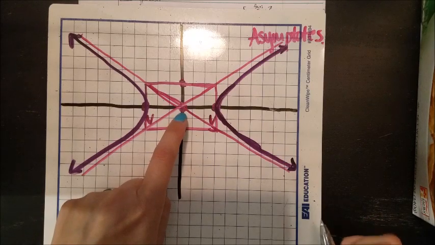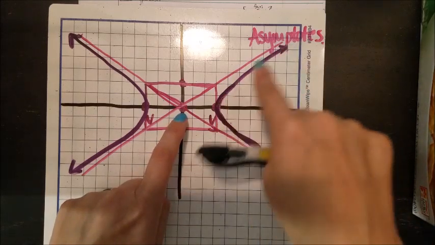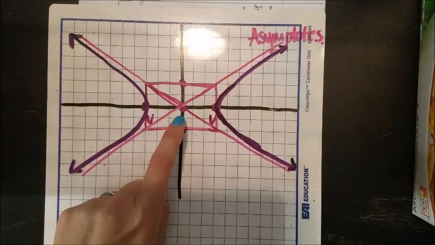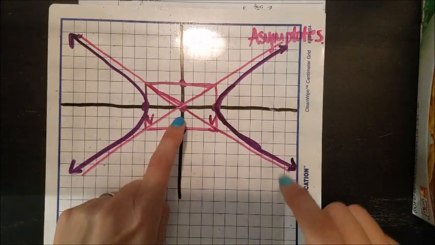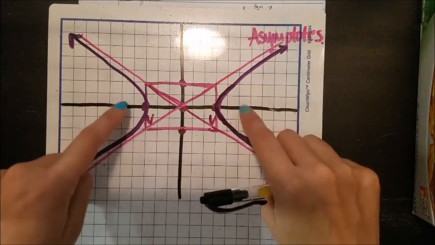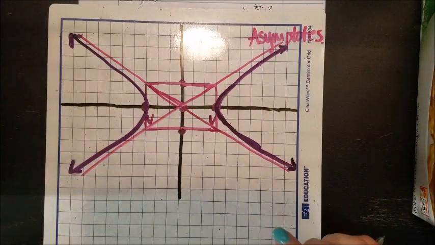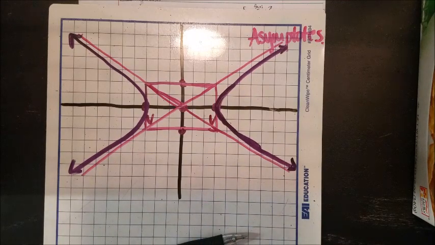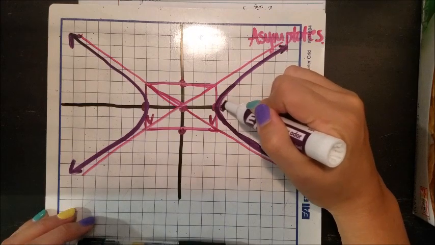We know it's going to be left and right because it's got to be inside the hyperbolas, so it wouldn't be up and down, because your hyperbolas aren't that way. So it's got to be somewhere in here. Square root of 13 ends up being like 3 point something, so that's how we know it's going to be like 3 point something, like here.